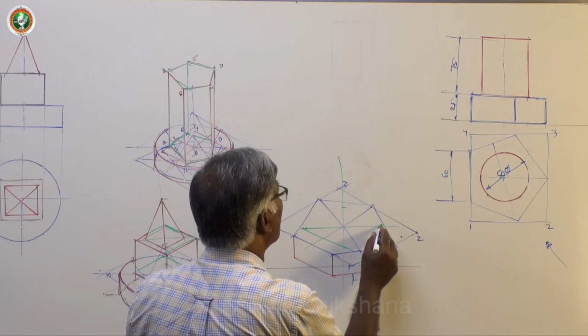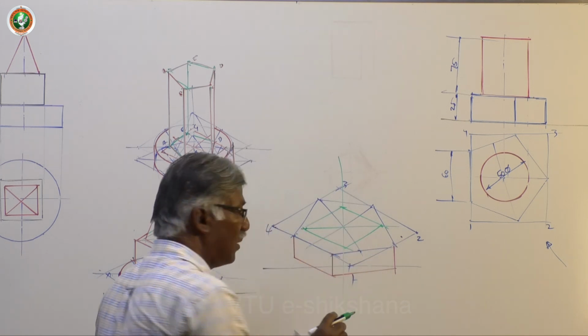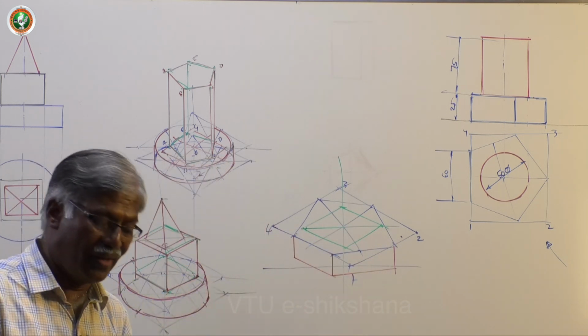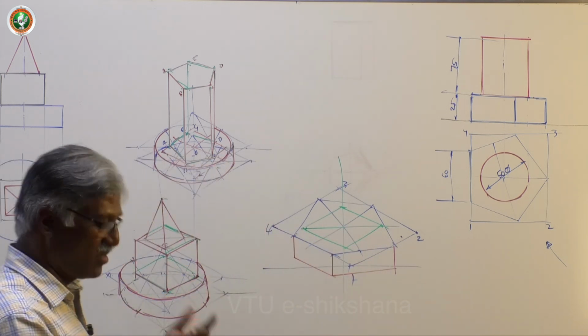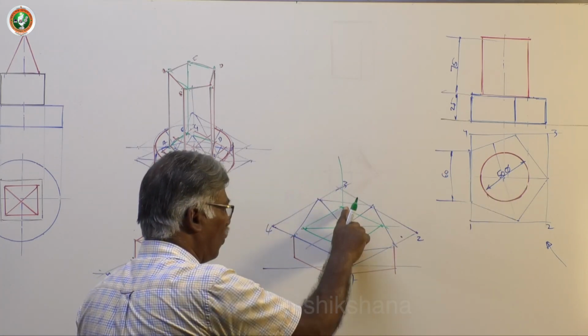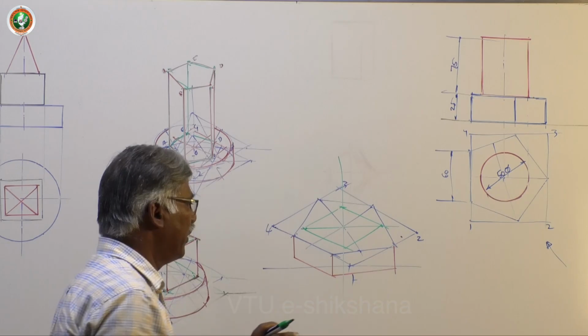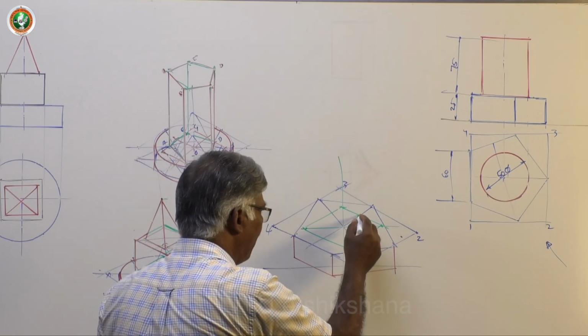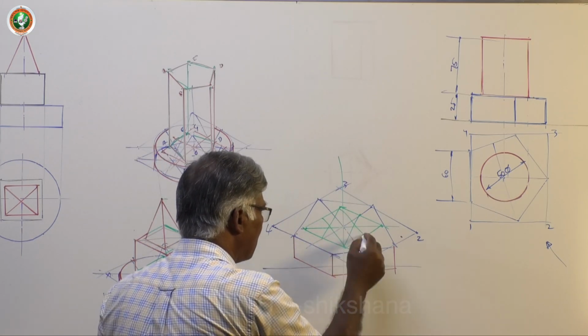So this is how you get it. I have not used any angle, I mean protractor or anything. Just take half of this, that is 50 means 25, 25. Take total mark, that's all. Now identify the midpoints and then draw this.